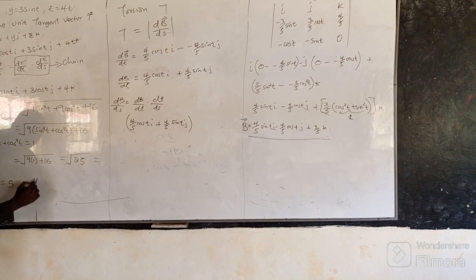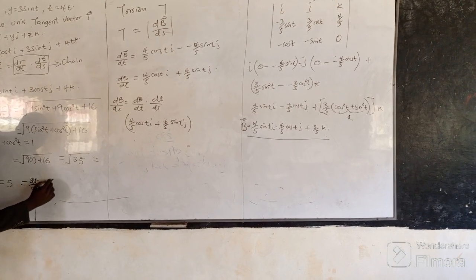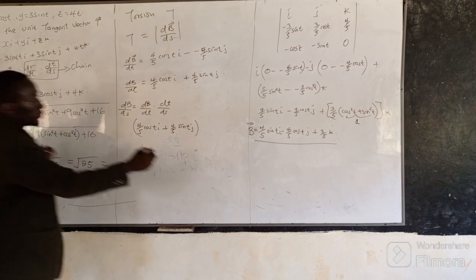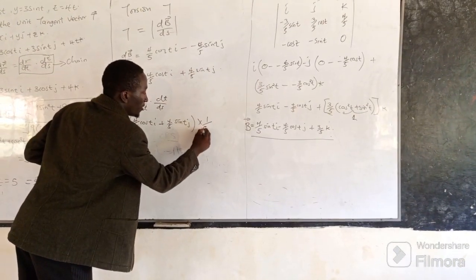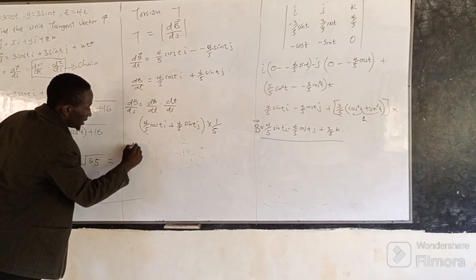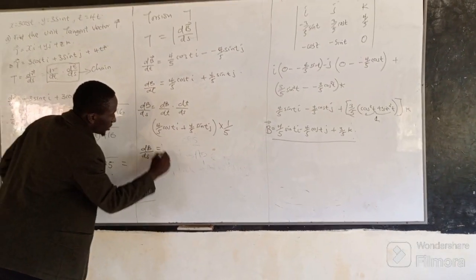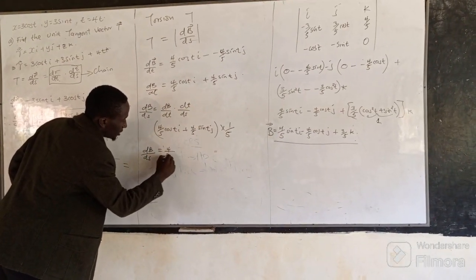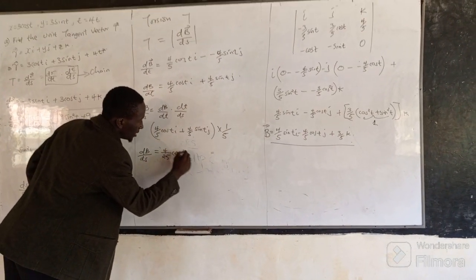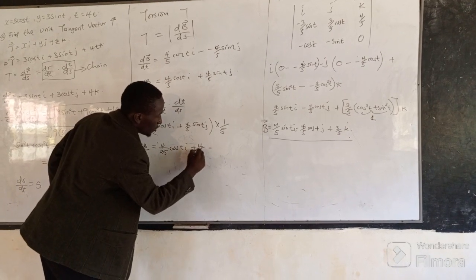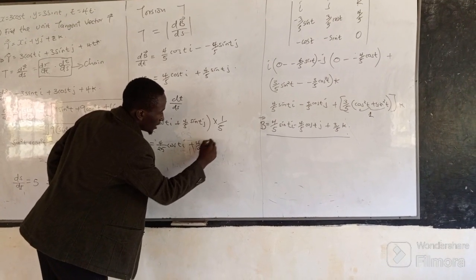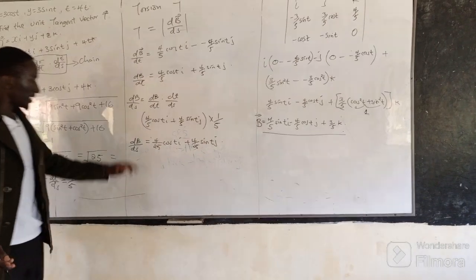That means dt over ds will be equal to 1 over 5. Now I'll multiply here by 1 over 5. Now my dB over ds will be equal to 4 over 25 cos t i plus 4 over 25 sin t j. That's my dB over ds.